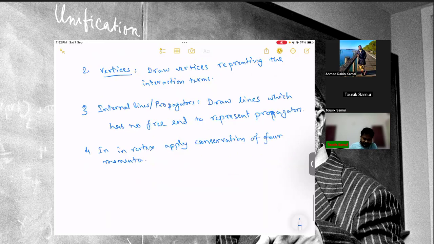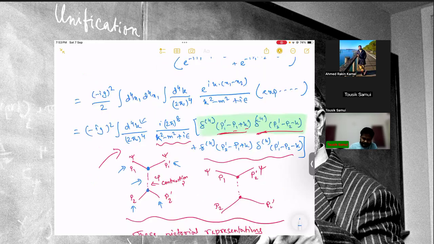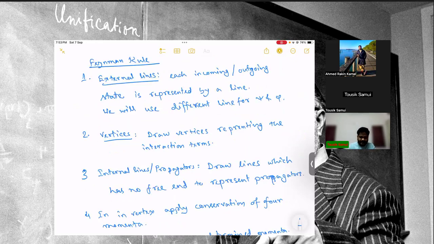And then finally integrate over the undetermined momentum, just like k here. So for this theory, what are the vertices and external lines?